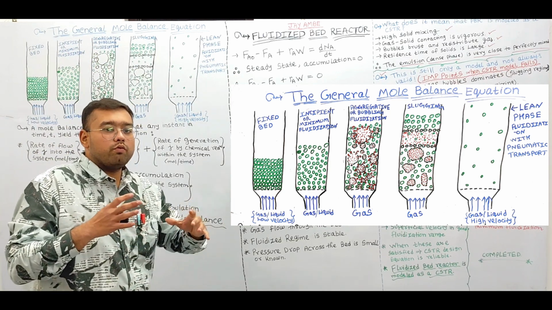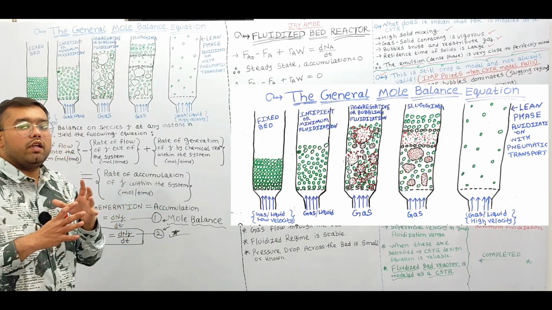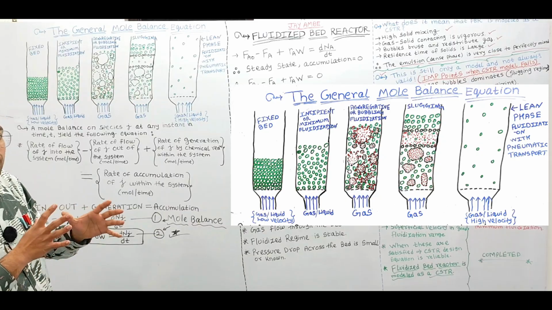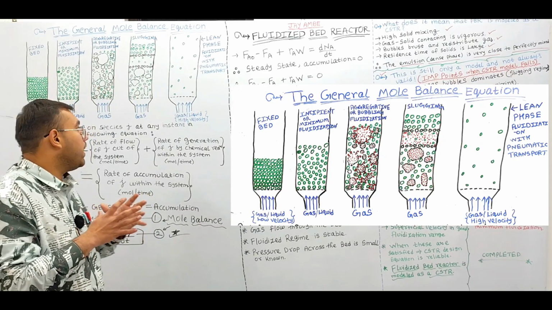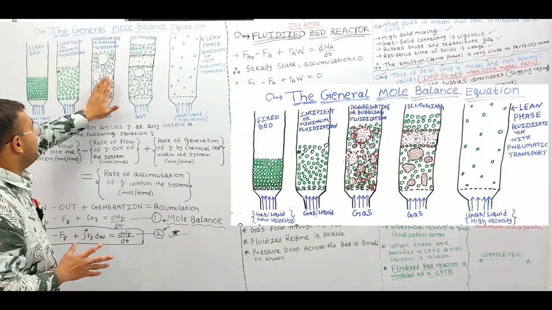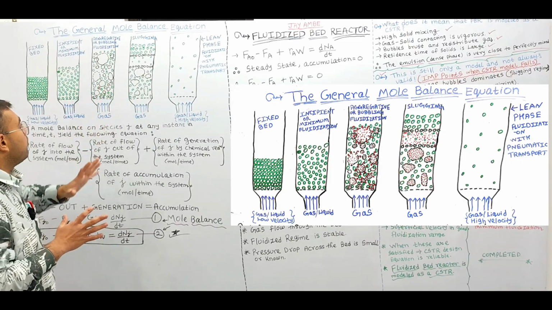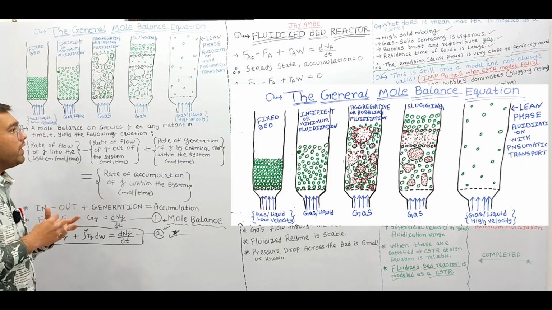So we need to ensure the uniform distribution of the solid catalyst particles and the gaseous phase, and the uniform mixing of the entire solid and gas phase in the entire fluidized bed reactor, right? The motion of the gas and the solid particles will result in the uniform mixing.